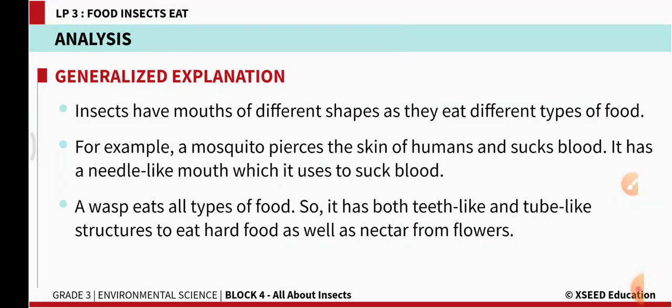So, in order to suck the nectar, it has a tube-like structure in its mouth, and also teeth-like structures to eat hard food.